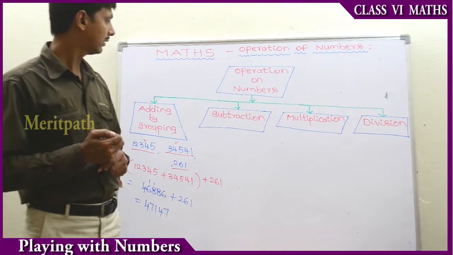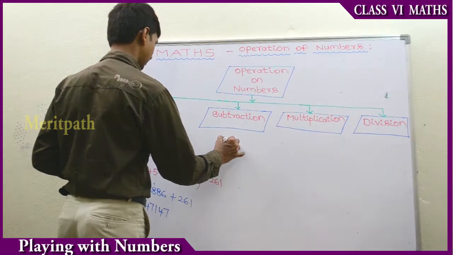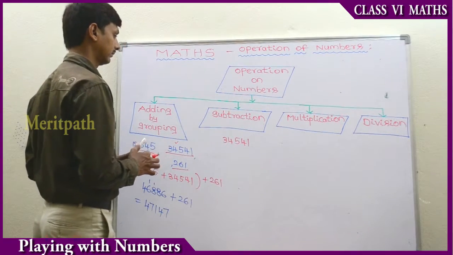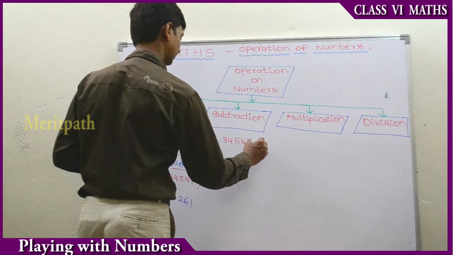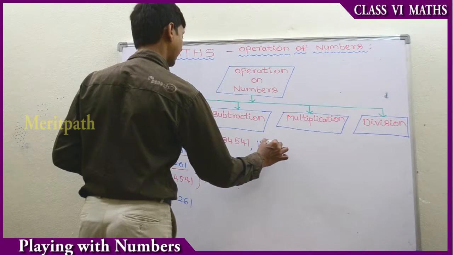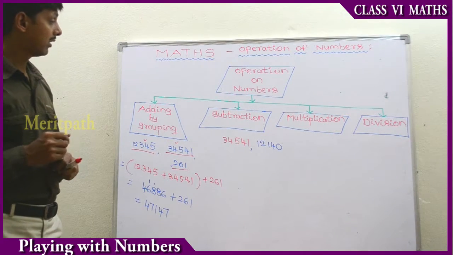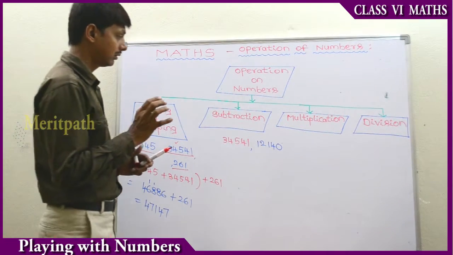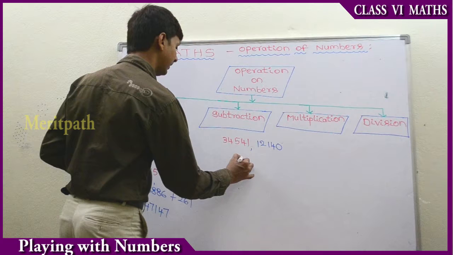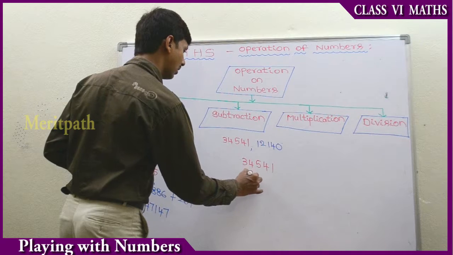Let's go to the next concept, subtraction. Let's take two numbers, 34,541 and 12,140. We can observe that the two numbers have the same places. Let's subtract: 34,541 minus 12,140.